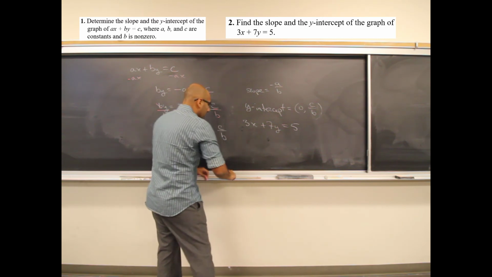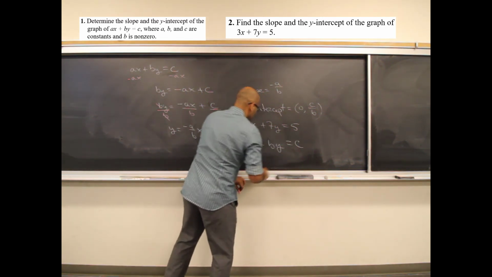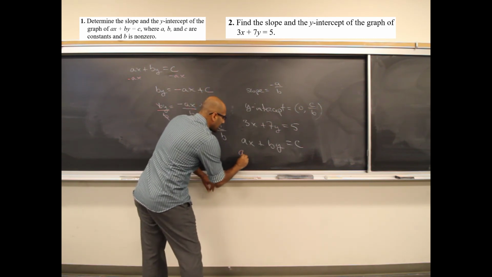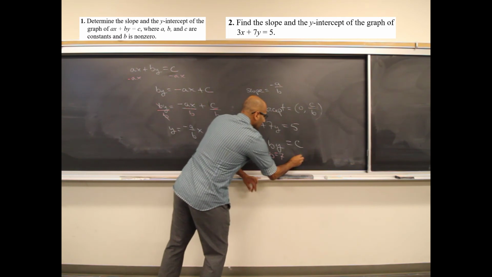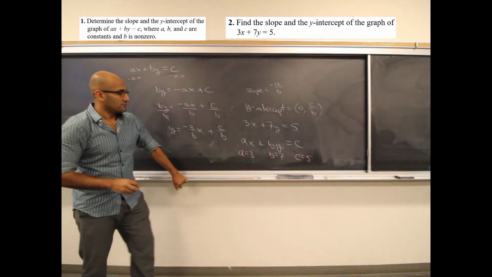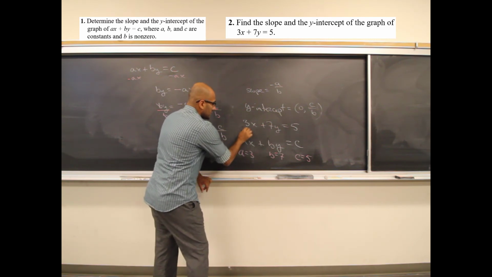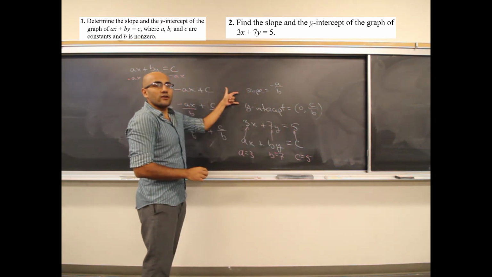This fits the form ax plus by equals c, where a is equal to 3, b is equal to 7, and c is equal to 5. Right? This is the a, this is the b, this is the c, and I already have the general answer.